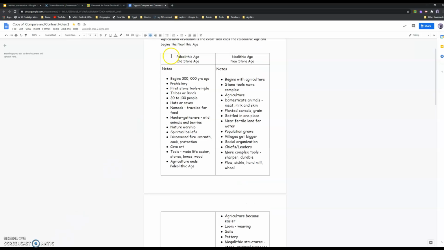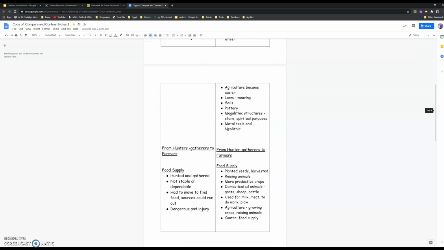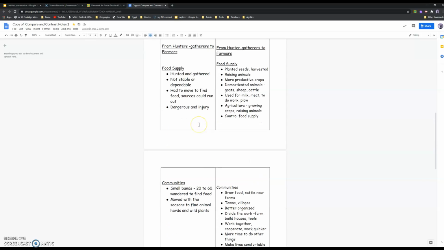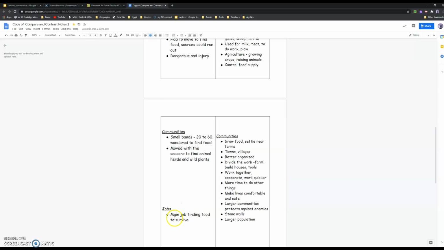All right? One is your compare and contrast notes, okay? That is located in Google Classroom under Agricultural Revolution number 3. And use these notes to write sentences about each age and about each topic. Now, the three topics are these three: food supply, communities, and jobs.